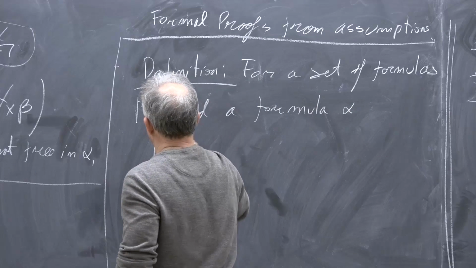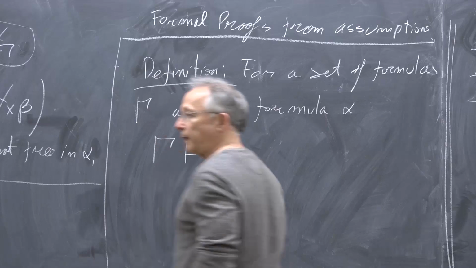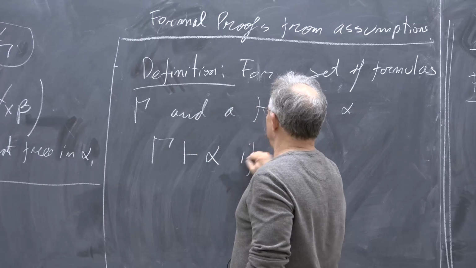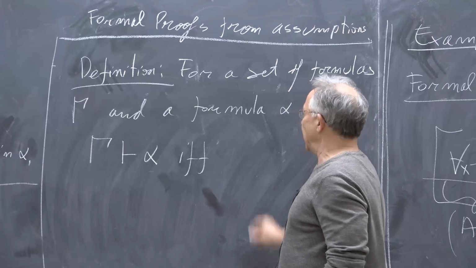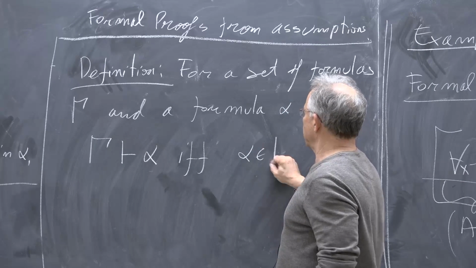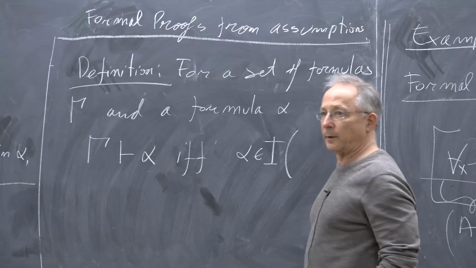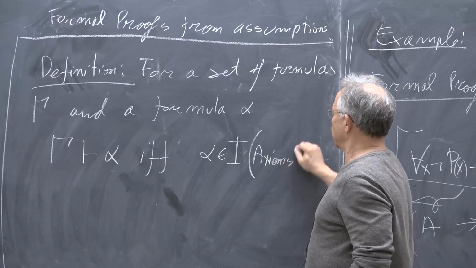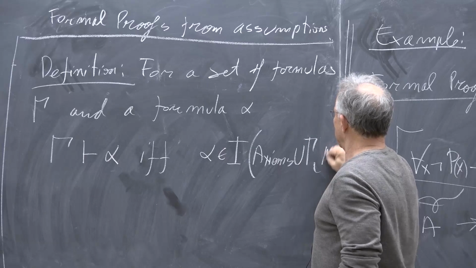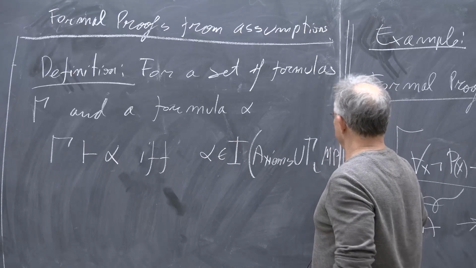We say that gamma formally proves alpha if and only if alpha belongs to I, and here I will have axioms union gamma with modus ponens.